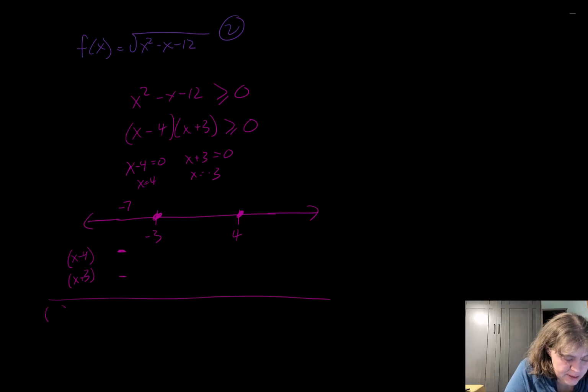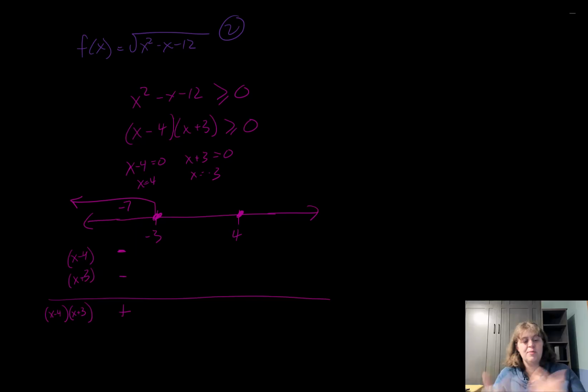And what happens when I multiply a negative number times a negative number? I get a positive. So this stretch right here is greater than 0. When I plug various numbers in here, whether it's negative 500,000 gazillion, it's still going to be a positive number because it can't come anywhere close to the 0. It's not going to cross over because these are the only 2 places where this function is going to cross 0. All right, so that's that one.